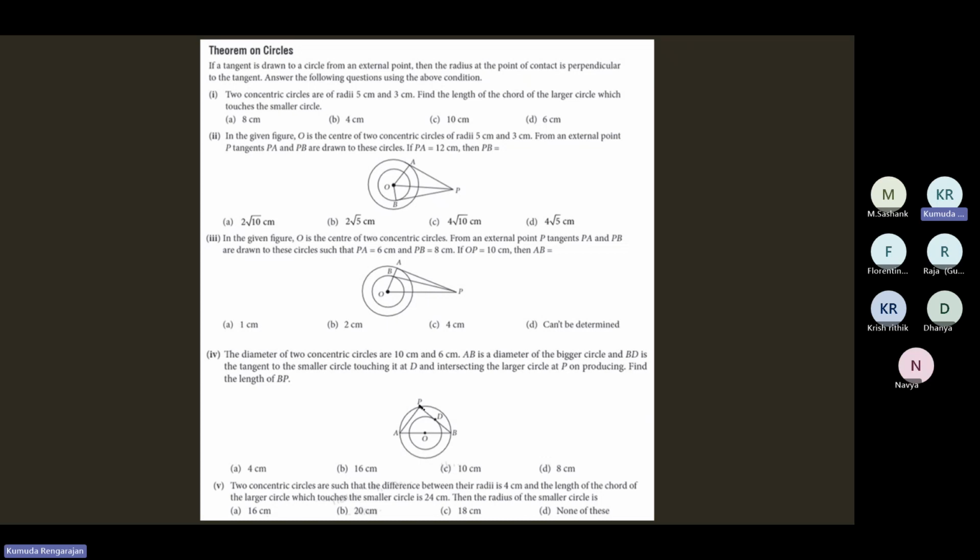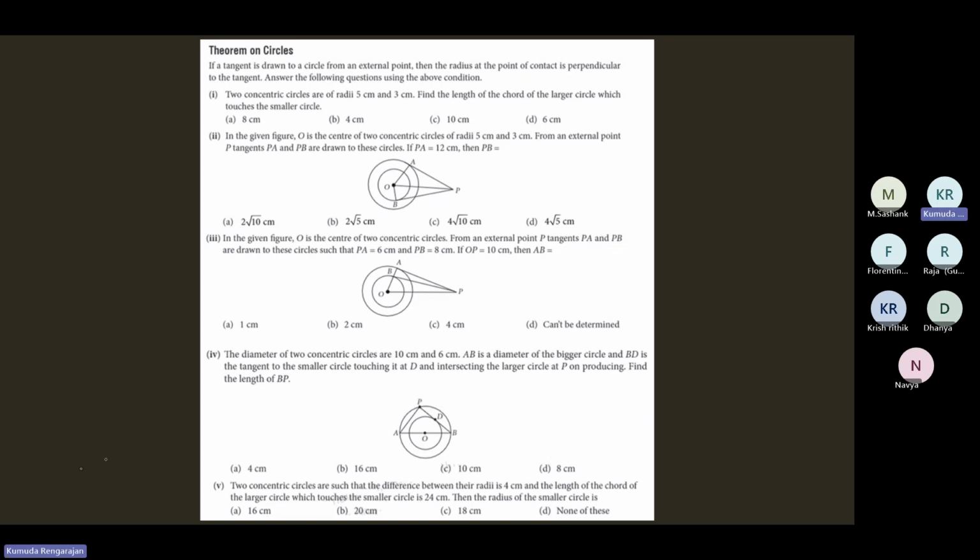When you treat BP as a tangent to the inner circle, OD is the radius and BP is a tangent. So radius, tangent, perpendicular. Now when you treat BP as a chord to the outer circle, OD is a perpendicular from the center to the chord. So it bisects the chord. So BD is equal to DP.